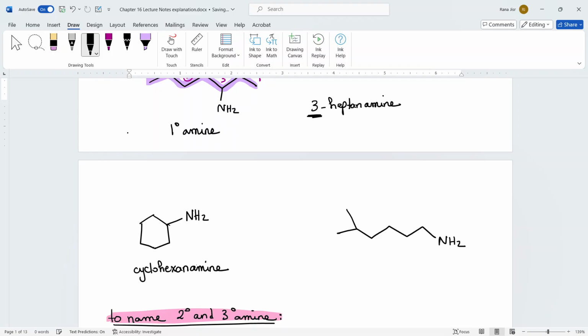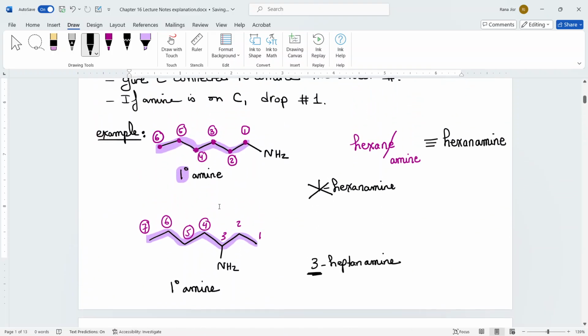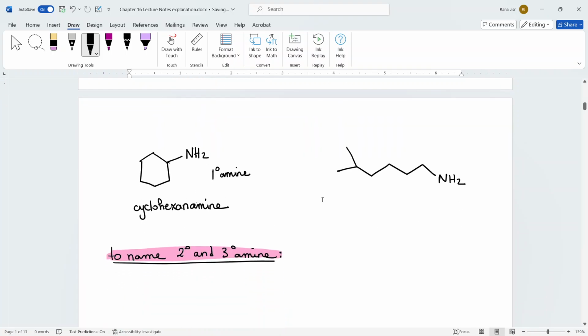Okay, so see, I dropped the E between the cyclohexane and amine. As simple as that. And this is still a primary amine. Just put a note that amines are higher priority in naming than the alkanes. This is why your ending is always going to be amine.